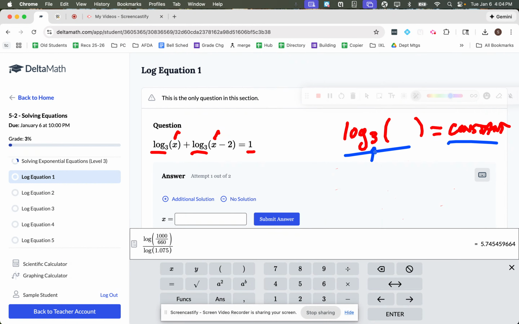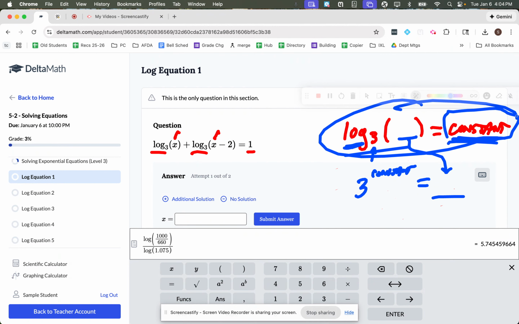And that means you take this as your base and you say, what is a log? It's an exponent. So whatever ends up over here is your exponent, constant, equals, this is the value of the log. So it's going to be a rewrite, okay? But first, let's condense these logs and get to this stage right here.